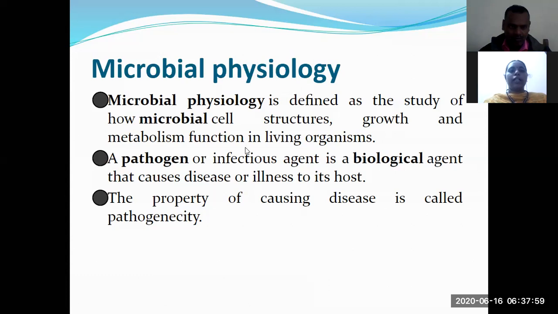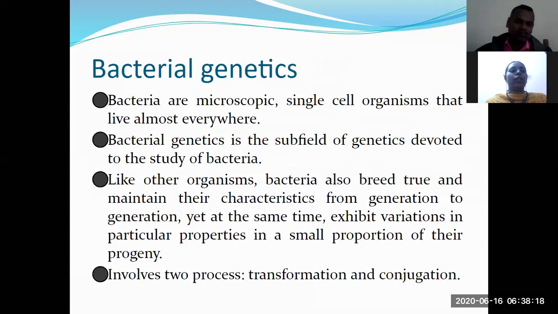Host means if bacteria enters into a human being, the human is called the host. Okay, bacteria is called the pathogen. So this property of causing disease is called as what? Pathogenicity.